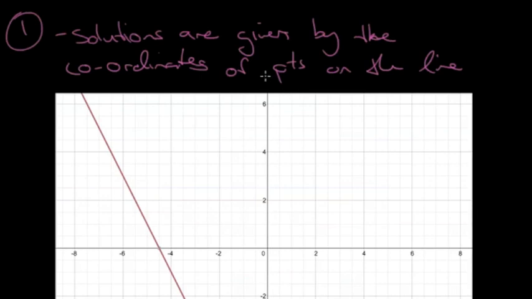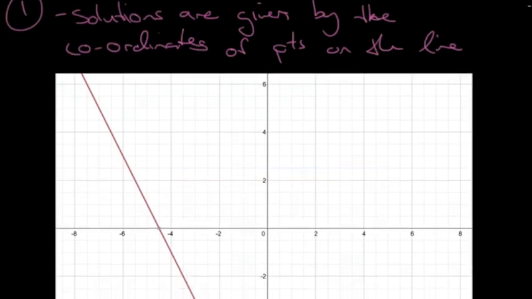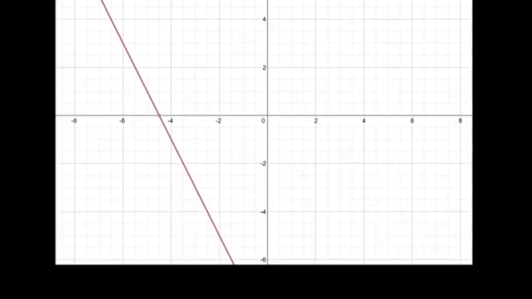So here's a graph that I prepared earlier. First thing to ask is, what might the equation of this graph be?